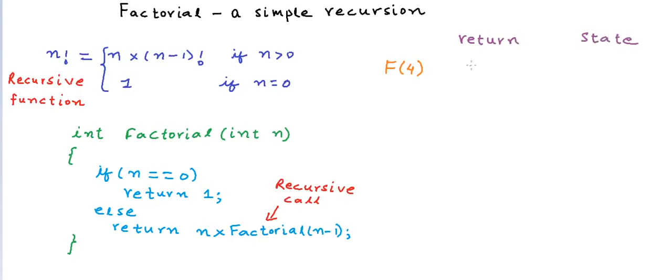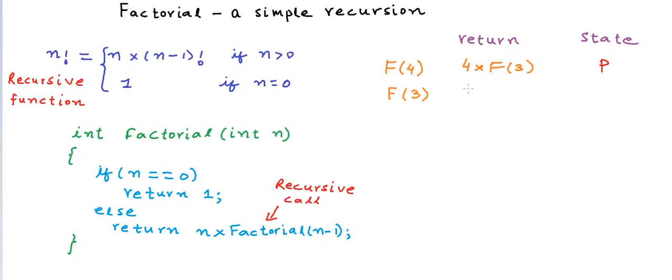Now when the computer tries to calculate f4 here, it sees that it actually is calling f3 recursively. So it says, hey, I will pause the execution of this particular function f4 and go and calculate f3 first, and then I'll come back. So it saves the current state of f4 into memory and goes on to calculate f3.